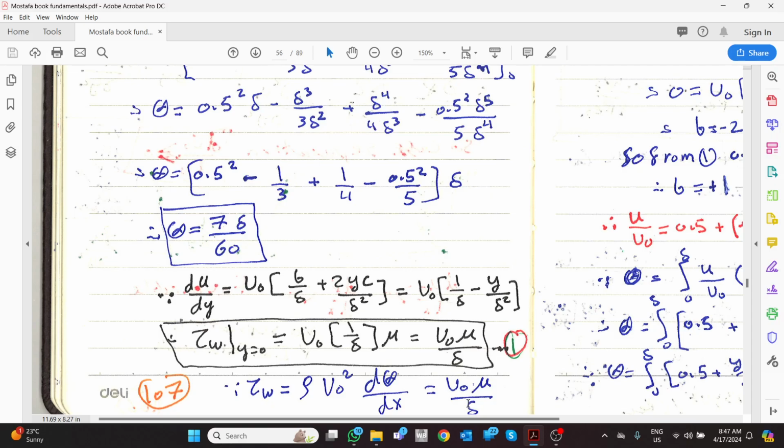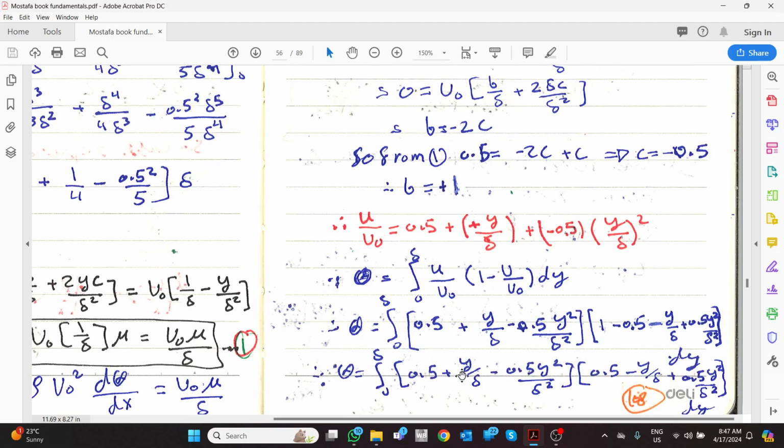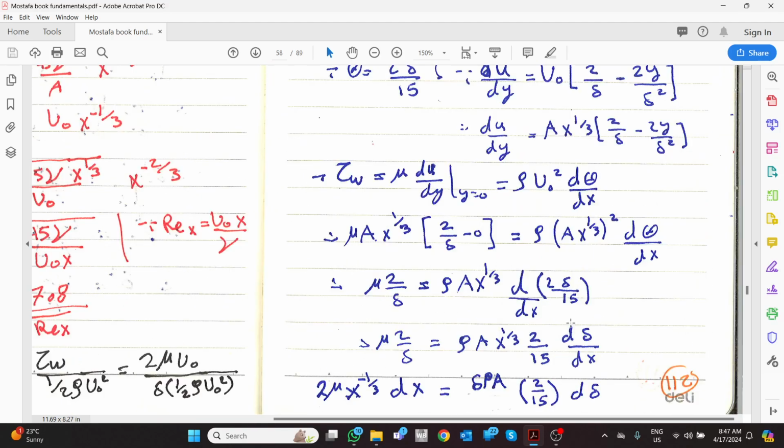Now we don't have that case, because u naught itself is changing, so we cannot continue with the same manipulation.